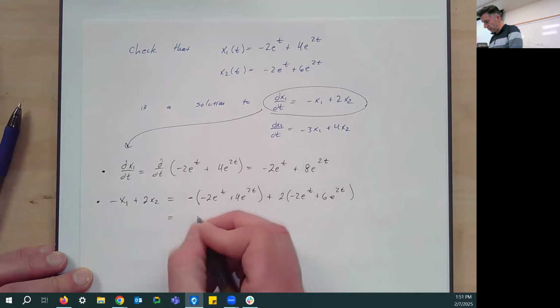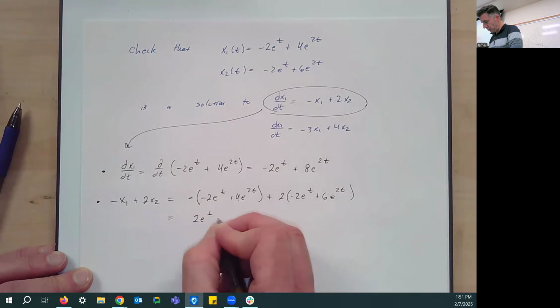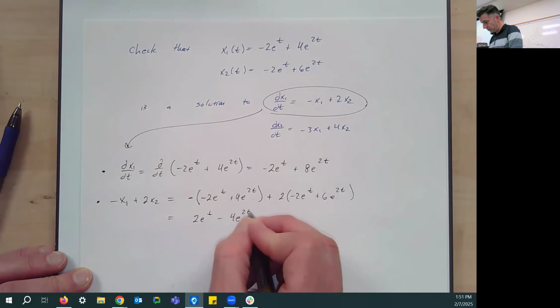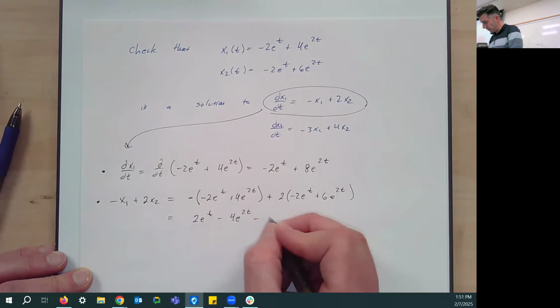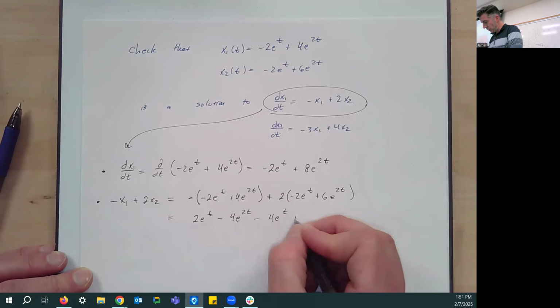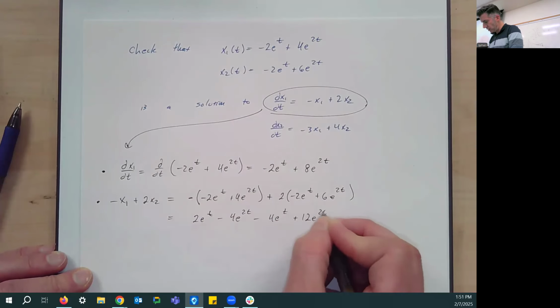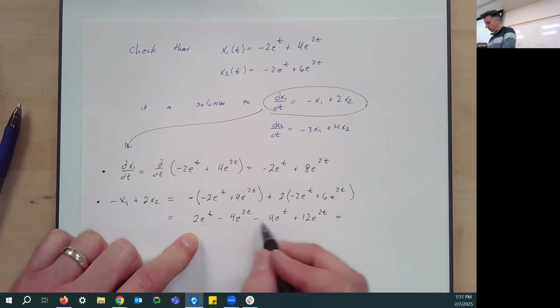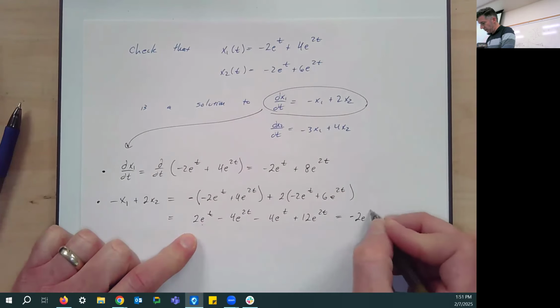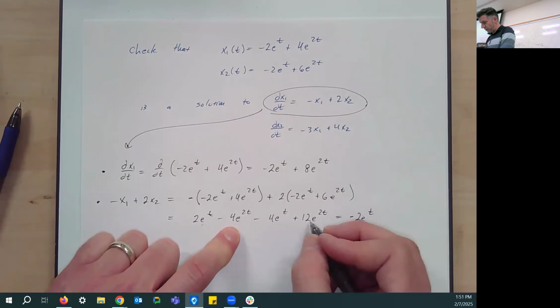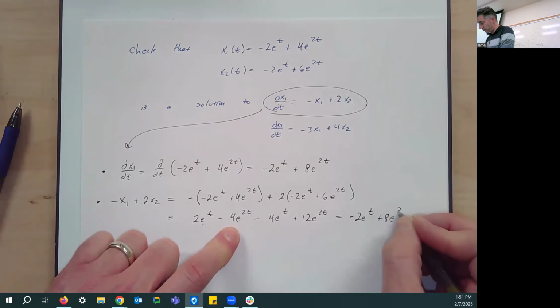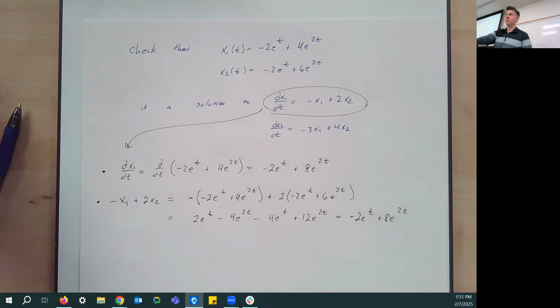Let's simplify that. That's going to be 2 e to the t minus 4 e to the 2t minus 4 e to the t plus 12 e to the 2t. And simplifying, 2 e to the t minus 4 e to the t is negative 2 e to the t. And negative 4 e to the 2t plus 12 e to the 2t is 8 e to the 2t. Hey, look, those are the same.